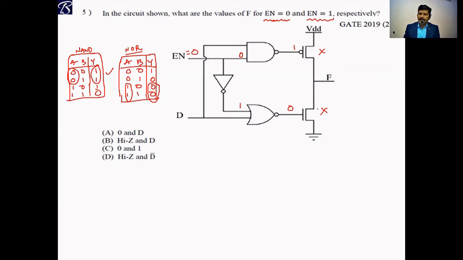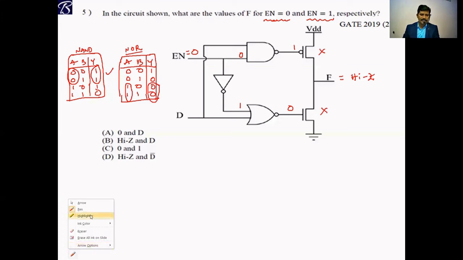So if both NMOS and PMOS are switched off, then what is the meaning of that? It is not an inverter, and it directly goes into the high impedance state, high Z. Okay. The option should be B or D, right? And whenever enable equals 1, we need to find out whether the output is D or D bar.